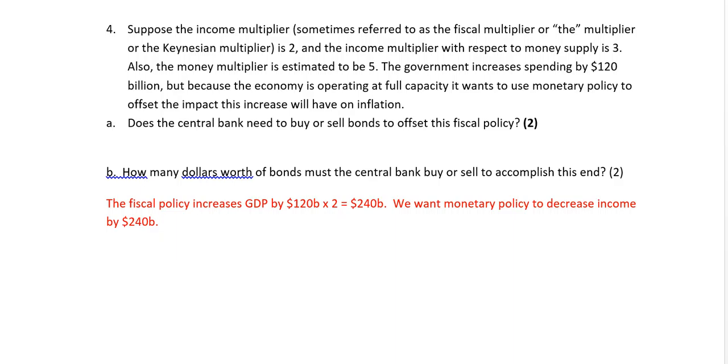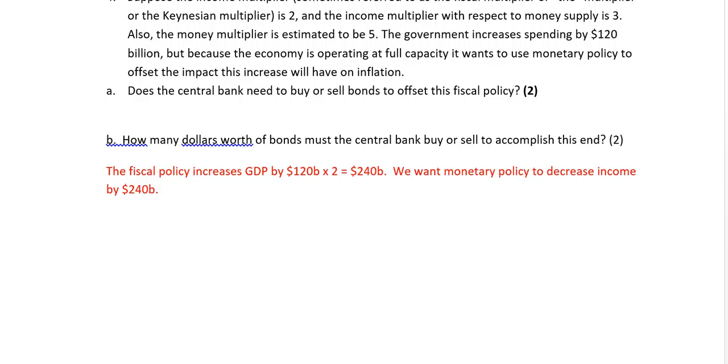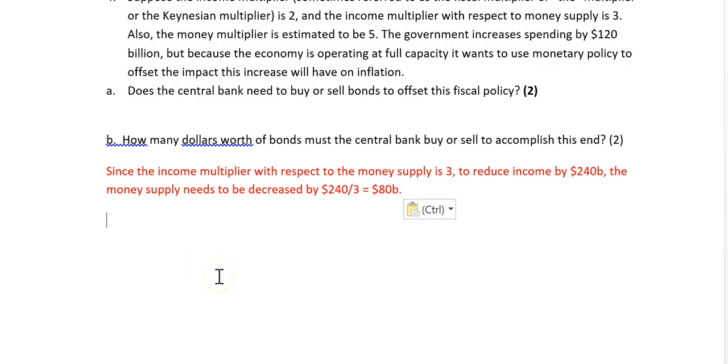Now, here's the next part. Since the income multiplier with respect to money is 3, that's what we established up here. To reduce income by 240 billion, the money supply needs to decrease by only 80 billion because of this multiplier.